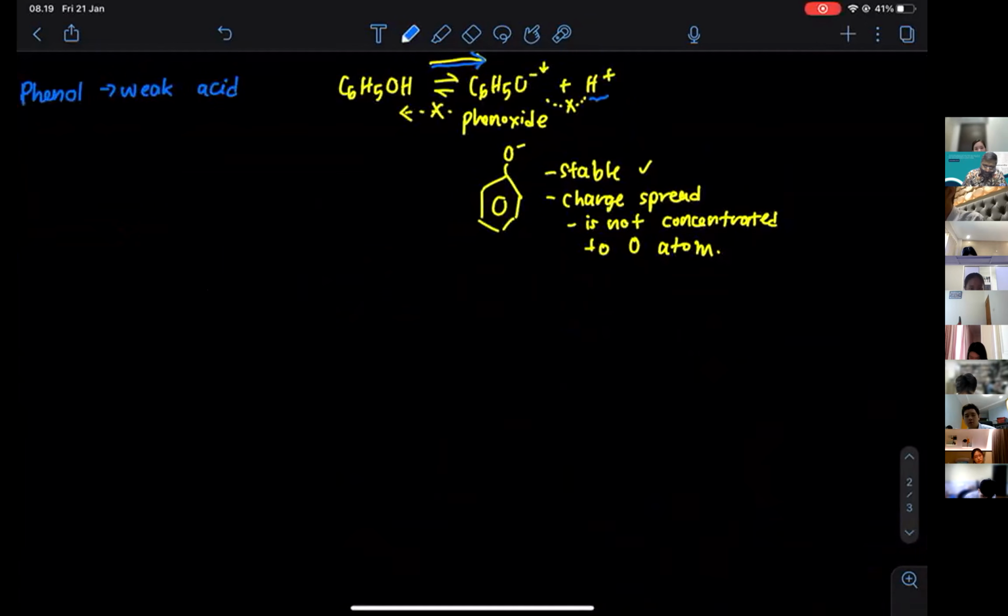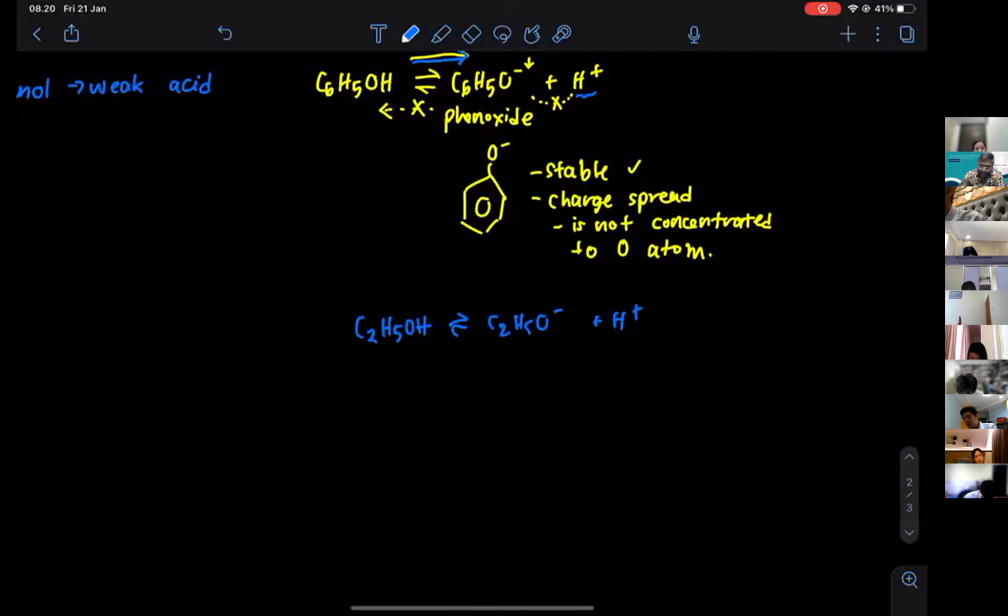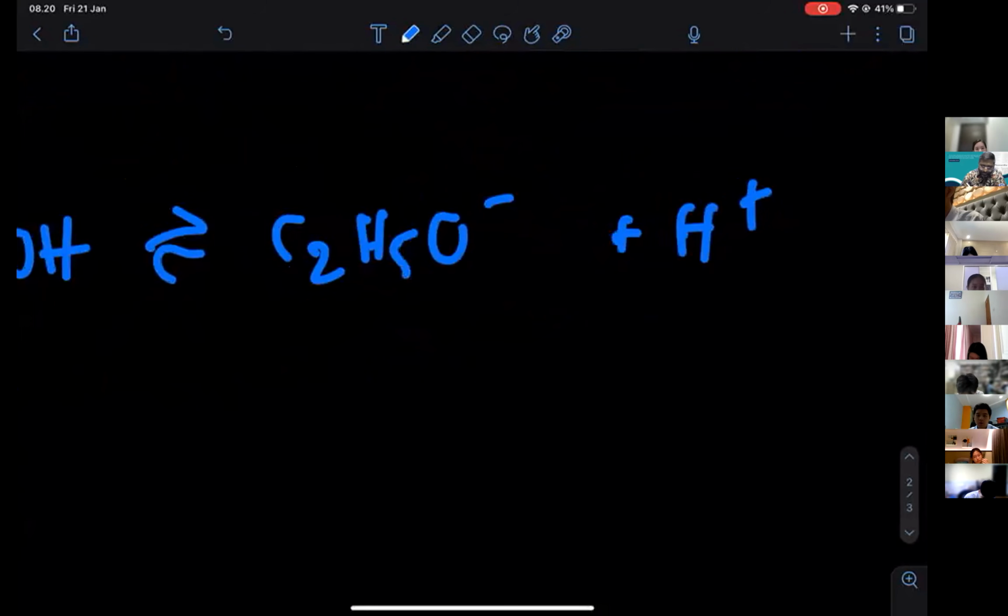Ethanol is C2H5OH. It gives C2H5O minus and H plus, where C2H5O minus is the ethoxide ion. The C2H5 is an electron donating group, so when it donates electrons, the negative charge density at O is more.